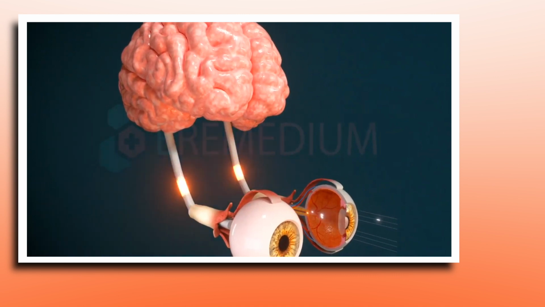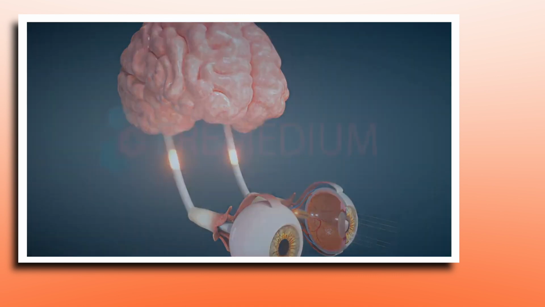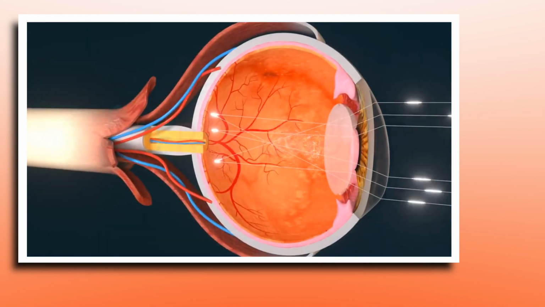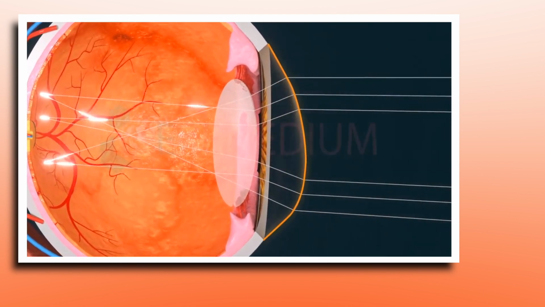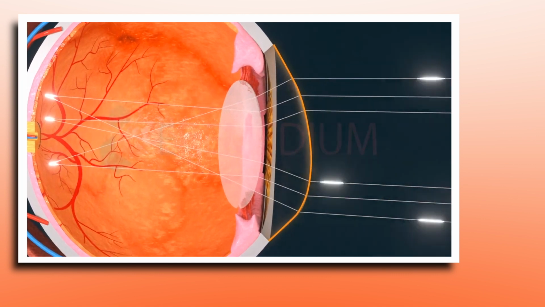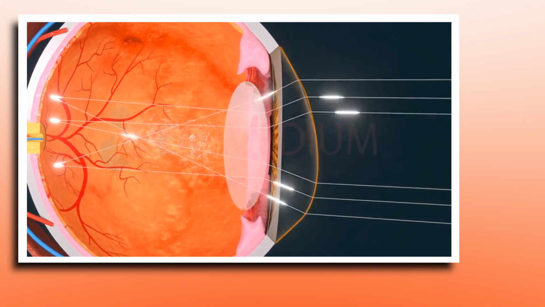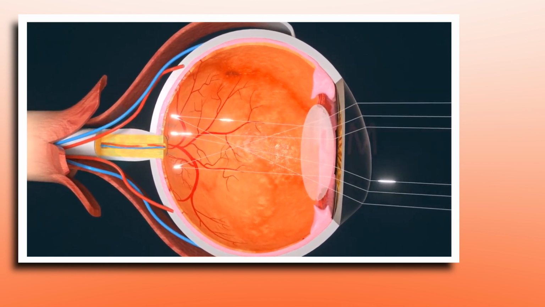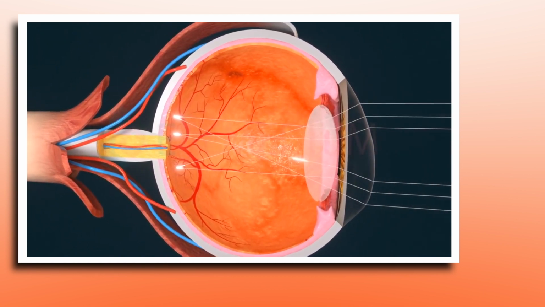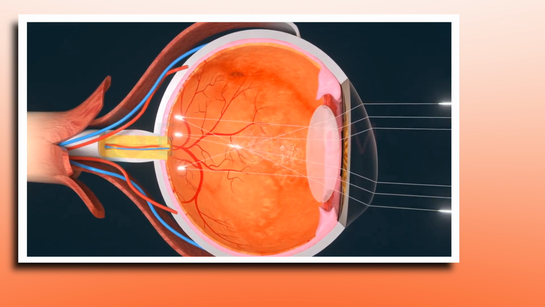It goes through the aqueous humor, falls on the lens, then the vitreous humor, and passes on to the retina. This entire process is called refraction.